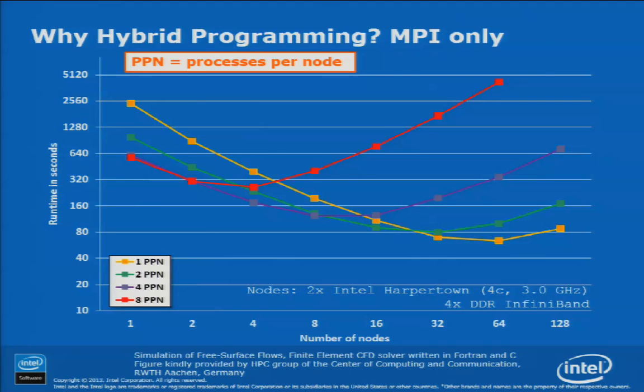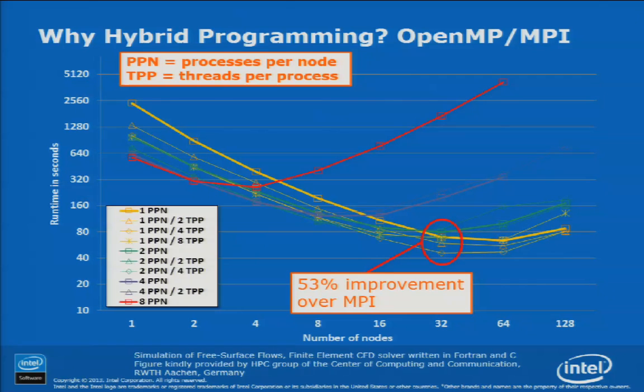And so what you see is actually a slowdown. If you change that to a hybrid programming model, still the same curves, but now OpenMP and MPI mixed mode programming, you will see that you can get, at least in those cases where they did it on a Harpertown system, as I said, pretty outdated, but still kind of valid for today, over 50% improvement in runtime performance, right?